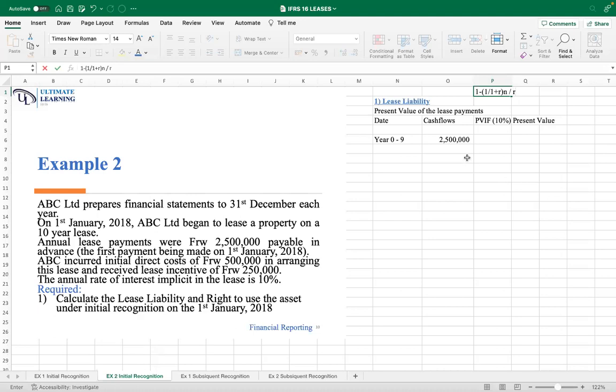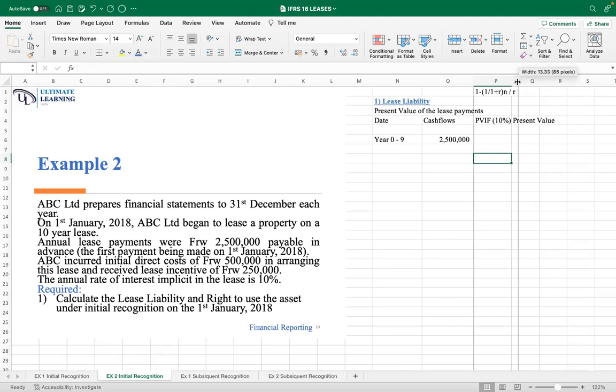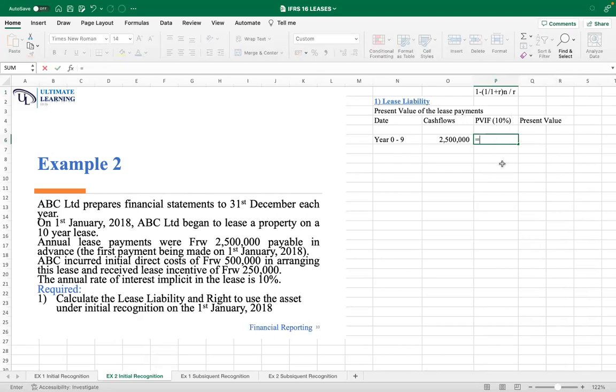But you know, in financial management, you are given the PV table and the annuity table. But in FR, you are not given the annuity table. So you must know the formula. In financial reporting, no annuity table. In managerial finance, there is a present value and annuity table. So if you have not been given, you calculate.